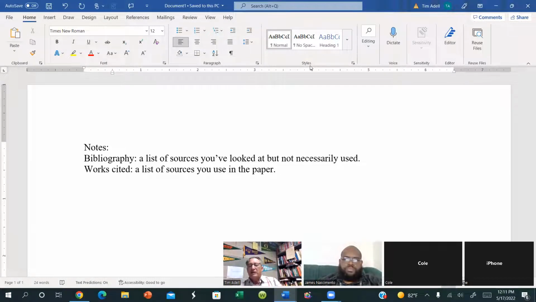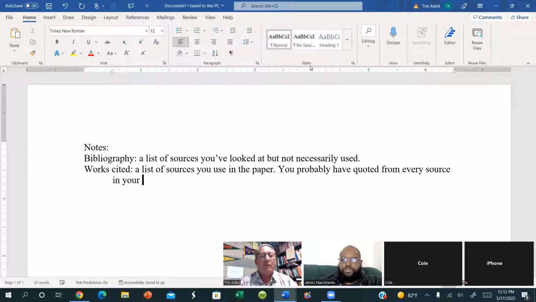Now, usually this means you're quoting it, but it's entirely possible you may not quote from it and still use it. So if you use the information without quoting, it's still in your works cited list.